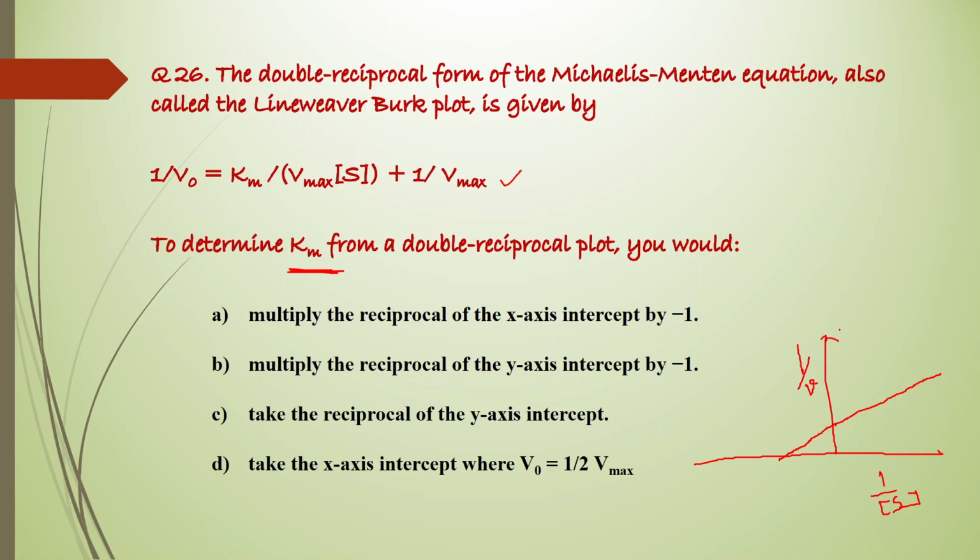This is your y-axis, this is your x-axis. And this particular intercept is known as 1 by Vmax and the slope is Km by Vmax. And another thing is, here the x-axis intercept is minus 1 by Km.